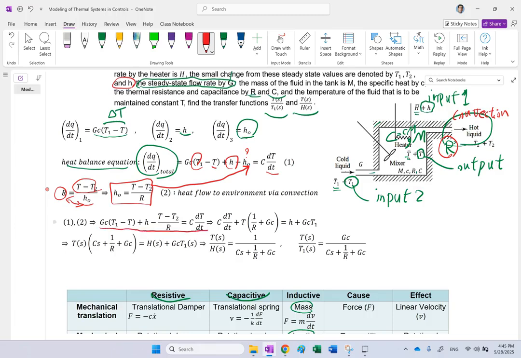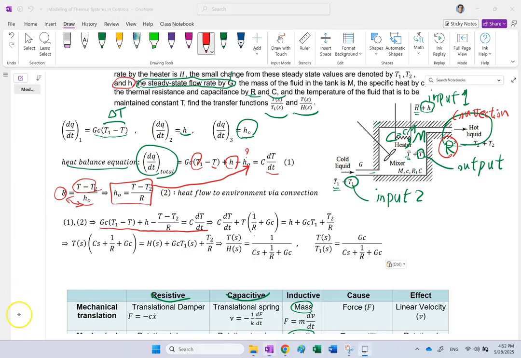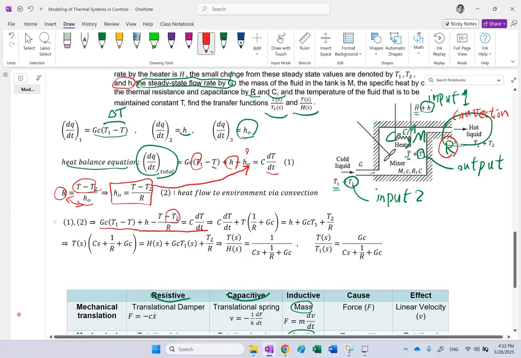And now what I can do is take all of my T's to the other side. It seemed like I missed a T2 term here. So I took all of my negative T terms to the other side, right?